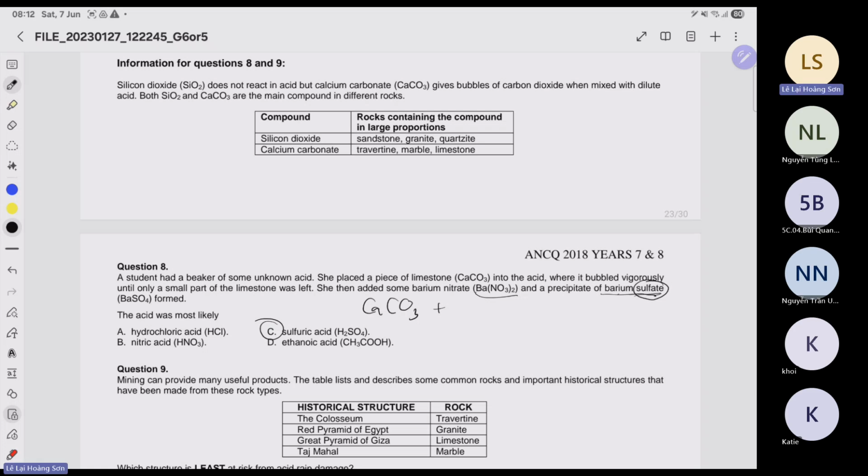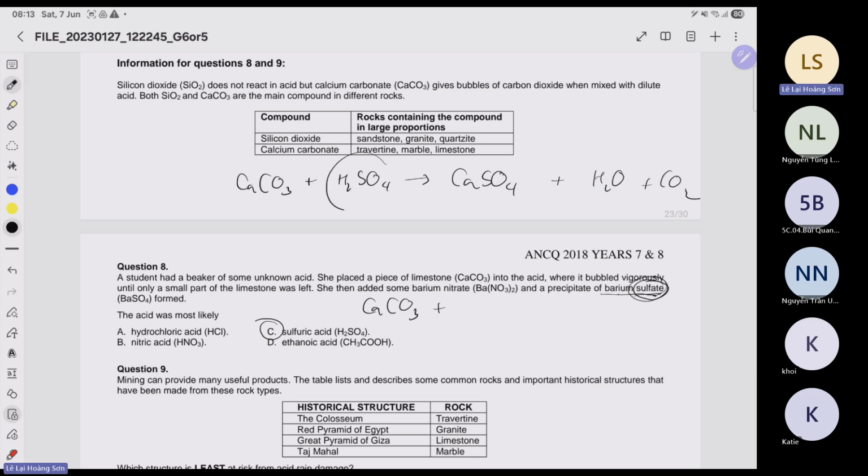All right, because in the solution, when you have the reaction between calcium carbonate and the acid, it will give you something that can still give you sulfate when you add barium nitrate into the mixture. So the source of sulfates must come from the acid, which is sulfuric acid. Calcium carbonate reacts with sulfuric acid to form calcium sulfate, H2O, and CO2.